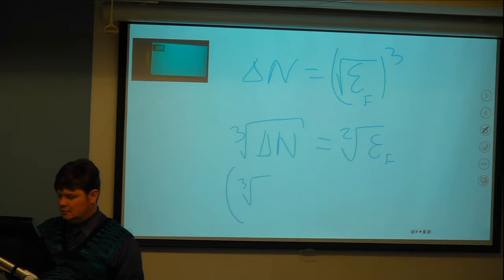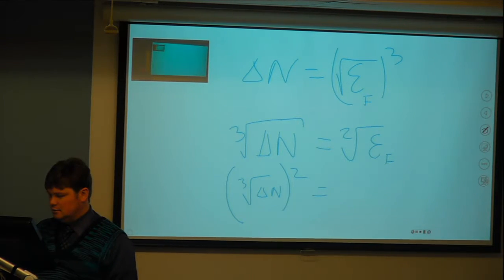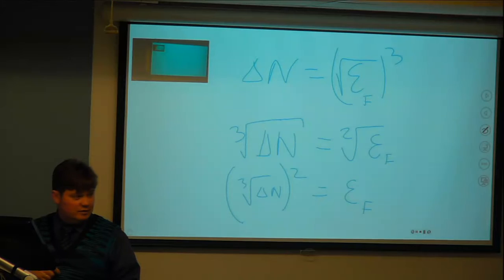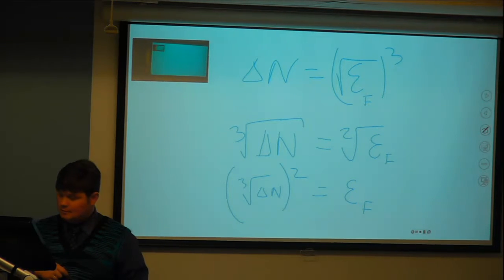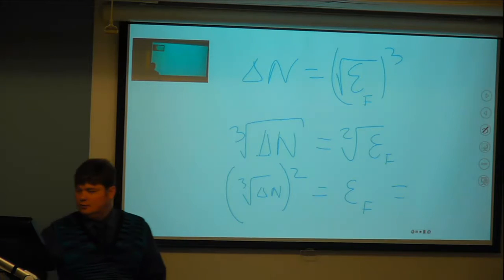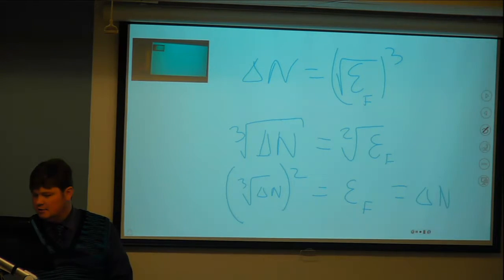No, I need to go to the opposite side. No, I'm going right side. Right? And if you do the square of the third order root, it will be just delta n to the power of 2/3.